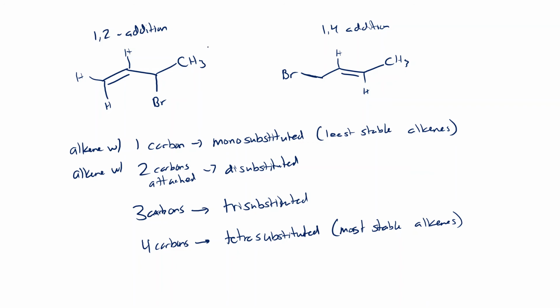So we look at these two. The 1,2 addition product in this case is monosubstituted. This one is disubstituted. We look at the pattern that I just wrote out. Disubstituted is more stable than monosubstituted. In this case, this is the more stable product.